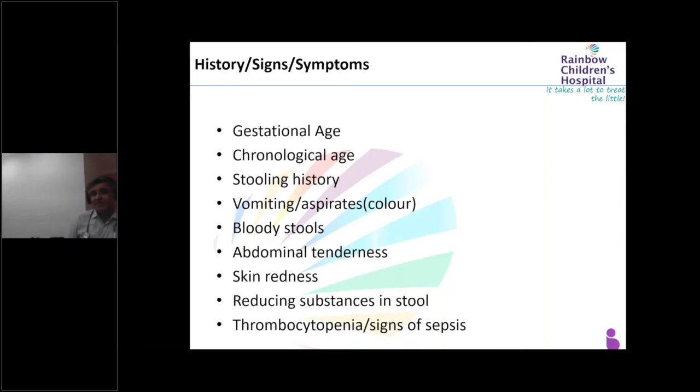Bilious aspirate is always pathognomonic of malrotation or duodenal atresia unless proved otherwise. Abdominal tenderness, look for redness of the skin, and signs of sepsis, because in India, whenever we are dealing with distension in a sick baby without any other features, septicemia should come first in the mind. Look for signs of sepsis, evaluate for septicemia, and look at the platelet count for thrombocytopenia.